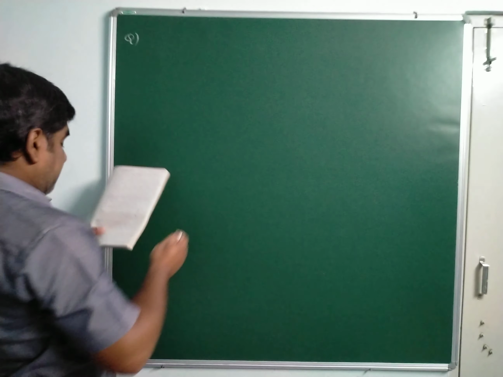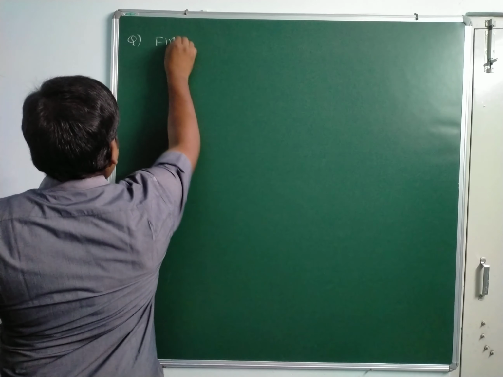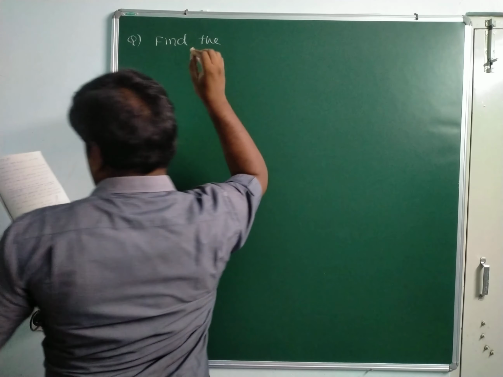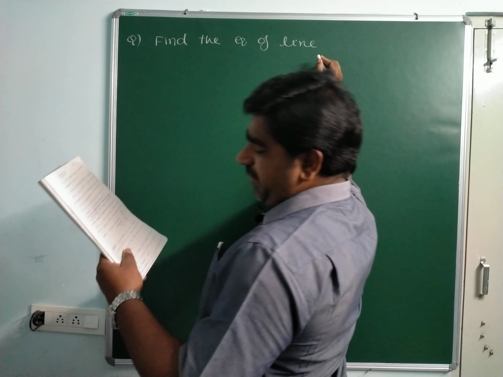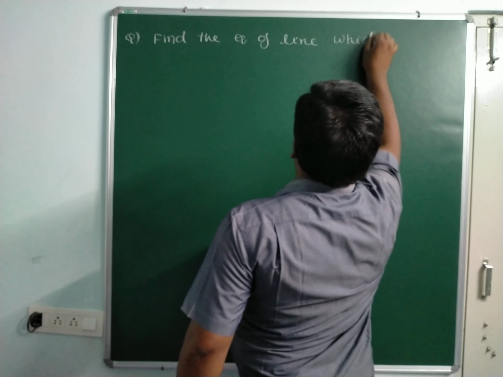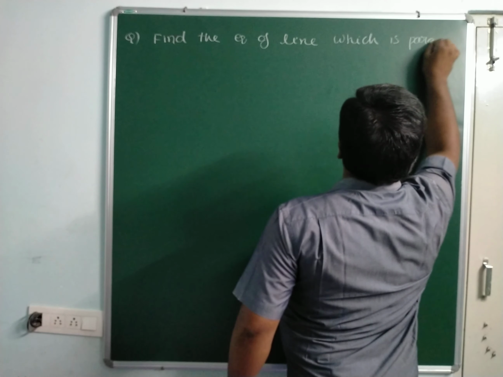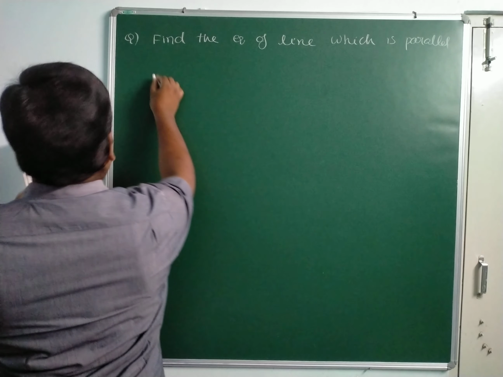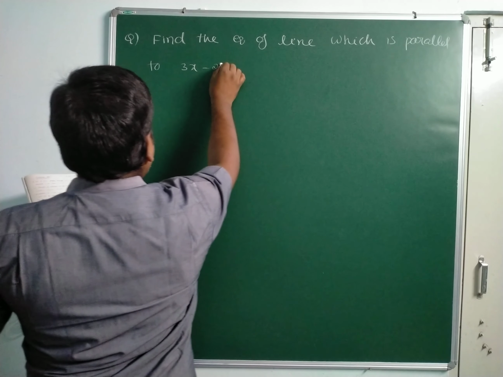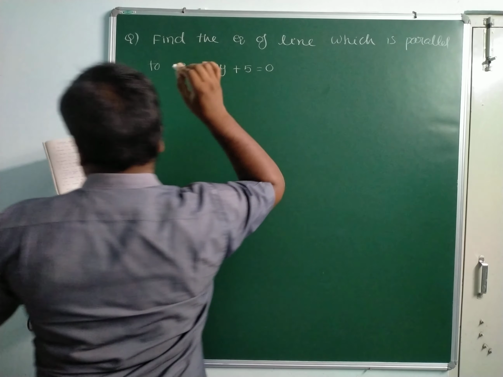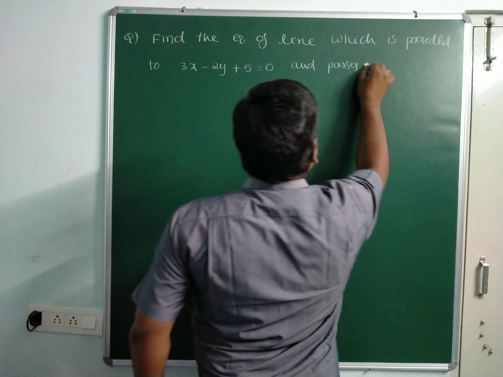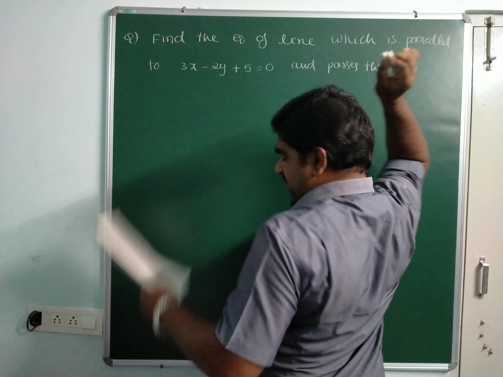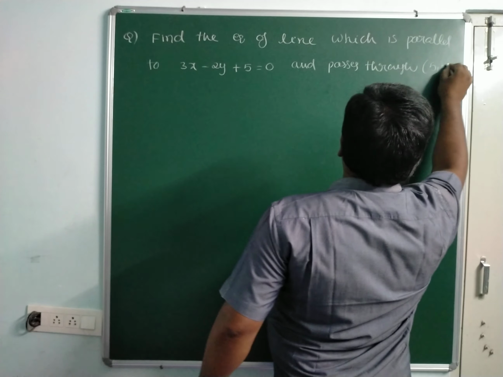Now this is the question. Basic questions we are going to discuss. The question may be like this: Find the equation of the line which is parallel to 3x minus 2y plus 5 is equal to 0 and passes through the point (5, -6).